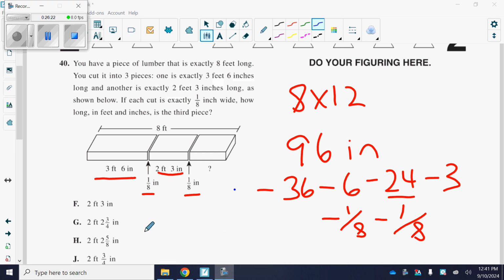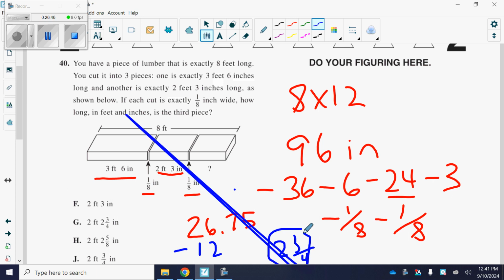Whenever I get 26.75, I scratch out the 12s this way. I subtract 12. That's 1 foot. I subtract 12 again, and you get 2 3/4 left. So 2.75 left. That's how I got the answer G for number 40.